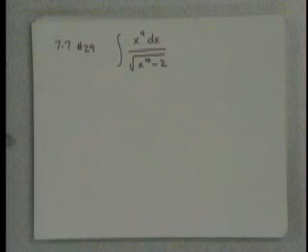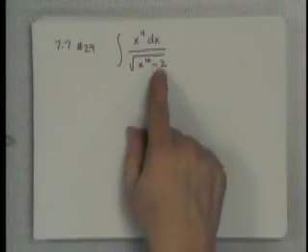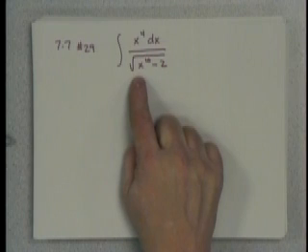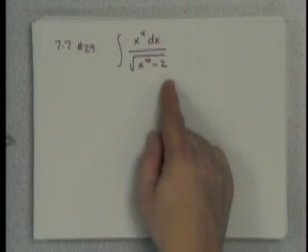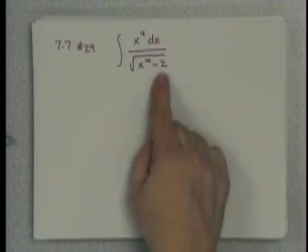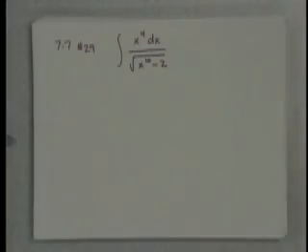Now when we start to look at these integration tables in the back, there are quite a few of them that have square roots of something. So we're looking for one that has a square root of u squared minus a squared, or u minus a, in the denominator.